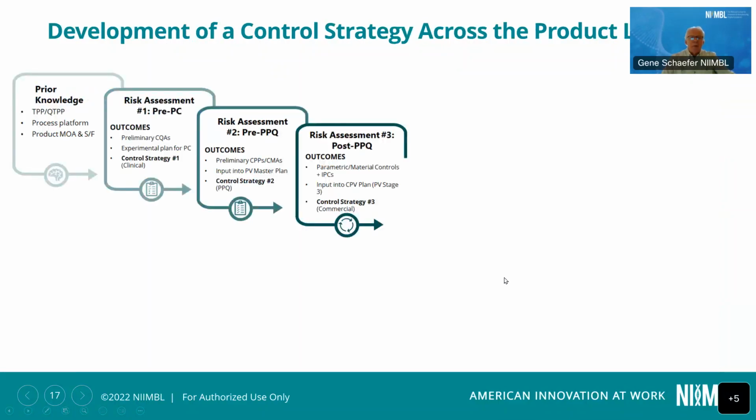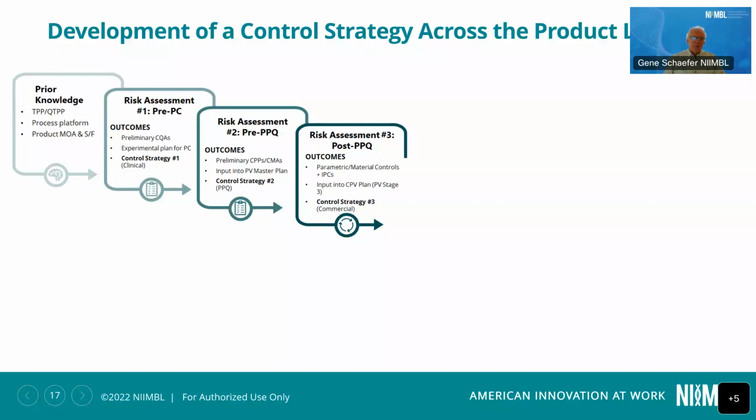And we talk about control strategy, how it's based on any prior knowledge, definition of the TPP and QTPP, that's the target product profile and the quality target product profile. This goes into risk assessment number 1, typically done prior to process characterization, and the outcomes from that are usually an initial control strategy for those first clinical batches.